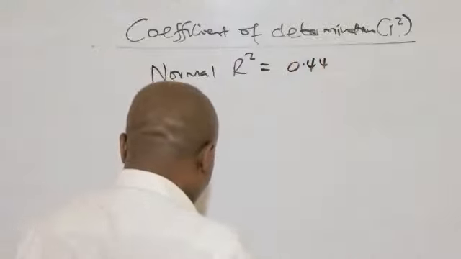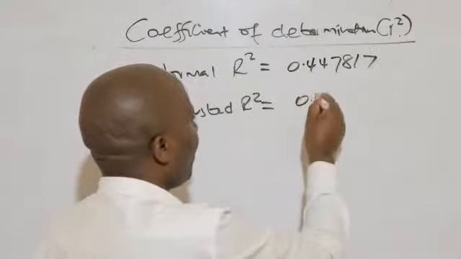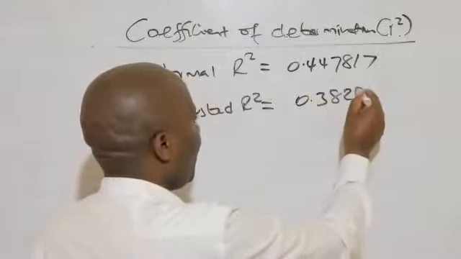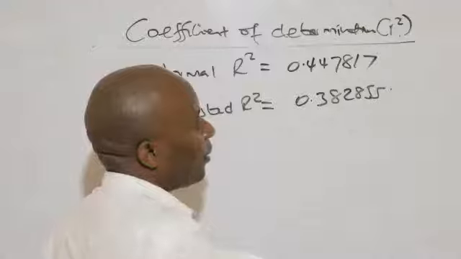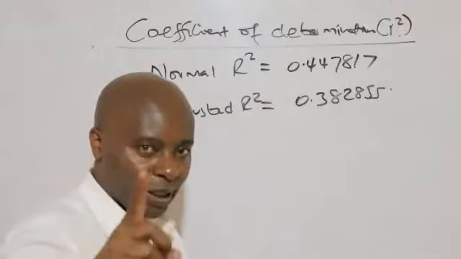That is the normal. And then we have our adjusted R squared, which is 0.3828, 25. So between the two, ladies and gentlemen, of course I will only use one.